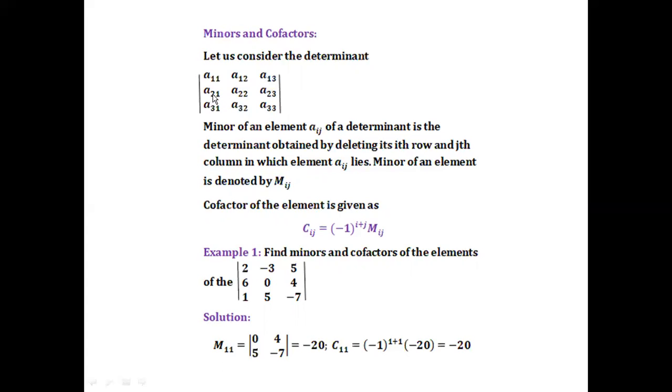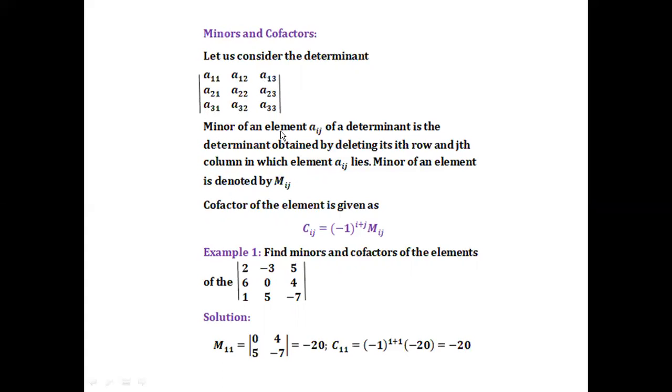A21 means the element present in the second row, first column. A22, second row, second column, and A23, second row, third column. Similarly A31 is the element present in the third row, first column, A32 third row, second column, and A33 is the last element, present in the third row, third column.